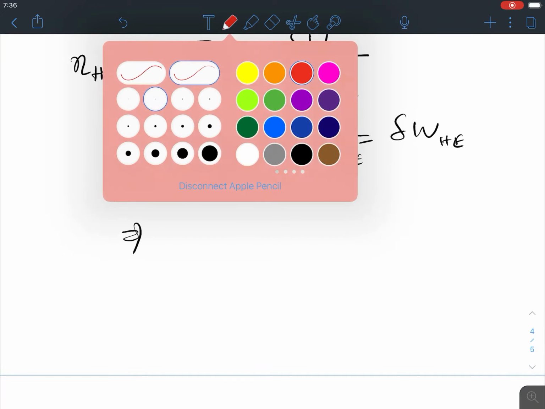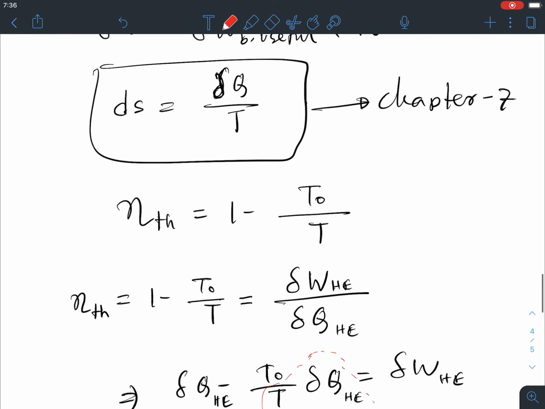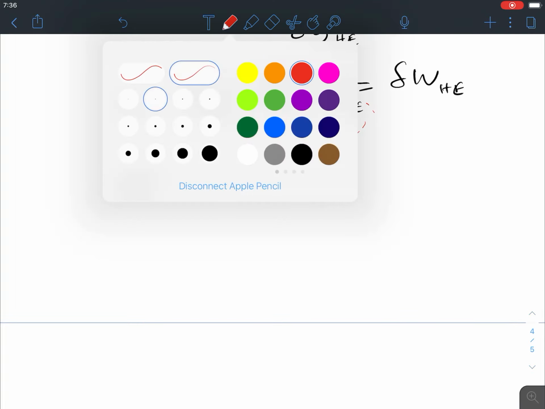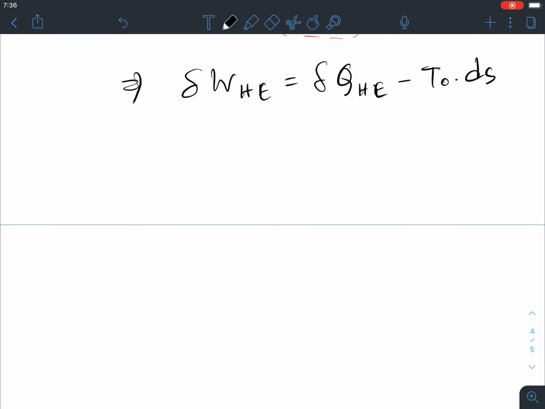From what we just saw, this relationship equals dS, right here: dS equals delta Q over T. So if we write all of those, let me write it this way: delta W of the heat engine equals delta Q of the heat engine minus T naught times dS, right?